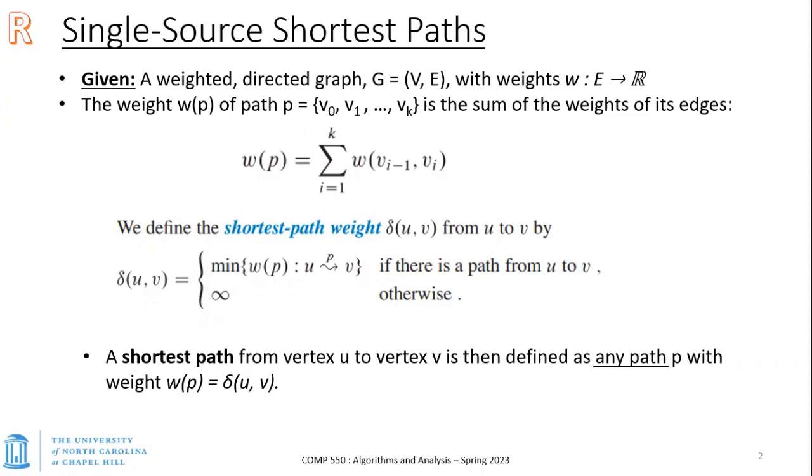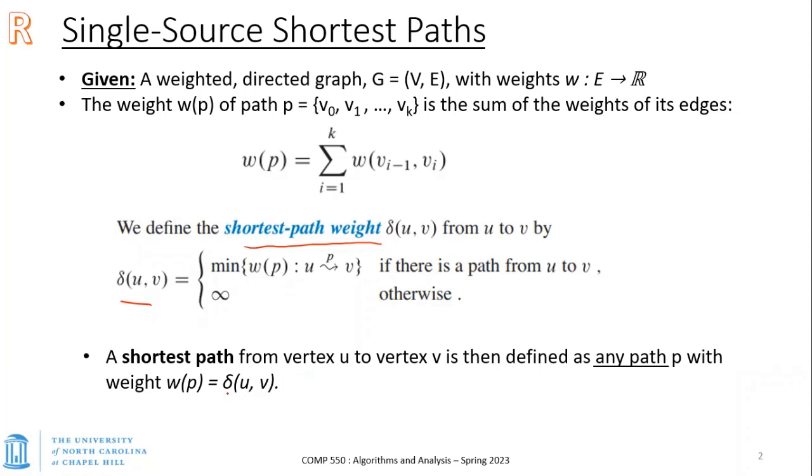So, single source shortest path algorithm, we had the weights, and we had defined delta UV to be the shortest path weight. Okay, so if somehow you were able to figure out what the shortest path weight is, that would be called delta.